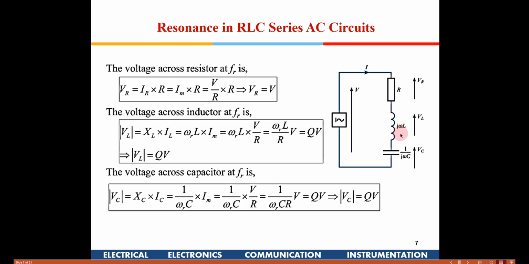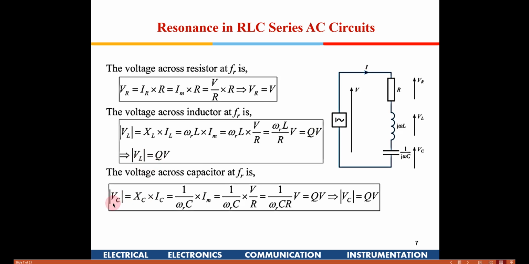And what about the voltage across L and C? So if you see, VL is XL into IL. Okay, XL is the reactance of the inductor. So you can write omega R into L, and then if you just substitute the value of Q there, you get Q into V. Okay, so that is the voltage which will be available across the inductor.